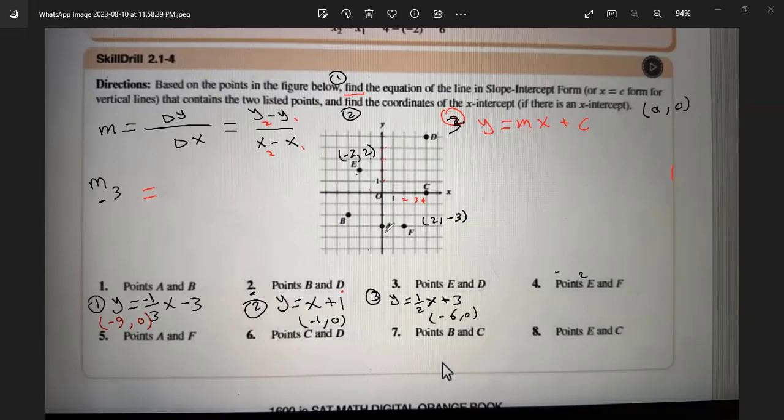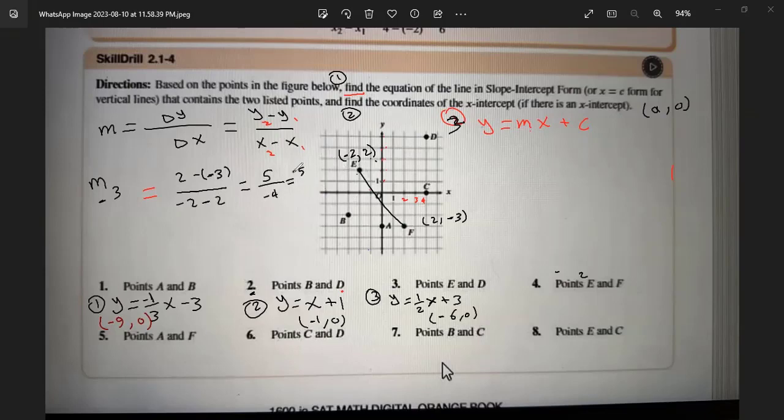Okay, so our straight line here was like this. So the slope is the difference in y: 2 minus -3 is 5, over minus 2 minus 2, which is minus 4.